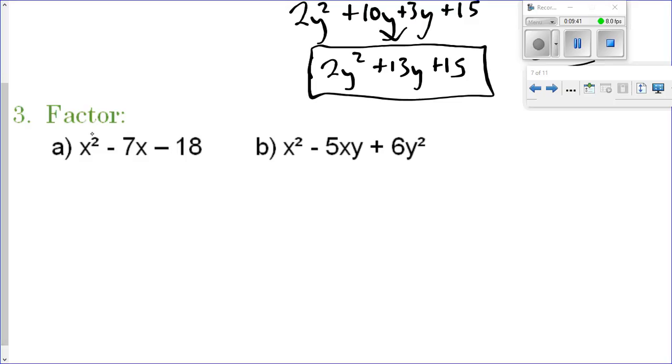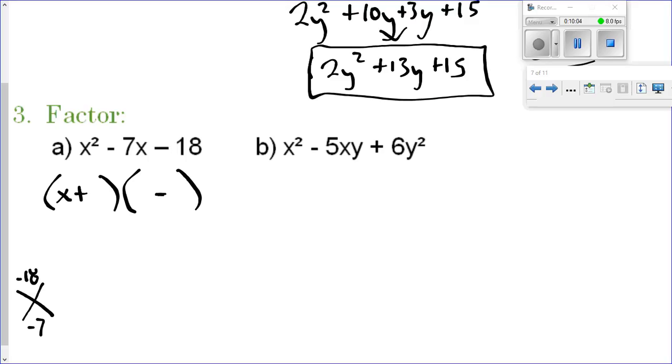Here we want to factor these. I set this up, and I know I want to add together to make a -7. I need to multiply together to make a -18. So I'm trying to think, because the product is negative, that means one of them has to be positive and one of them has to be negative. Okay, that's how it has to go.